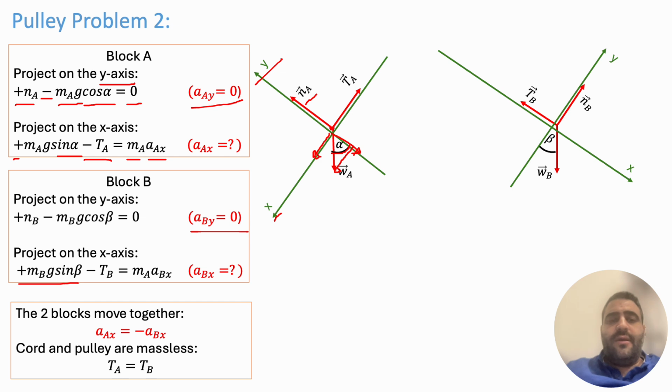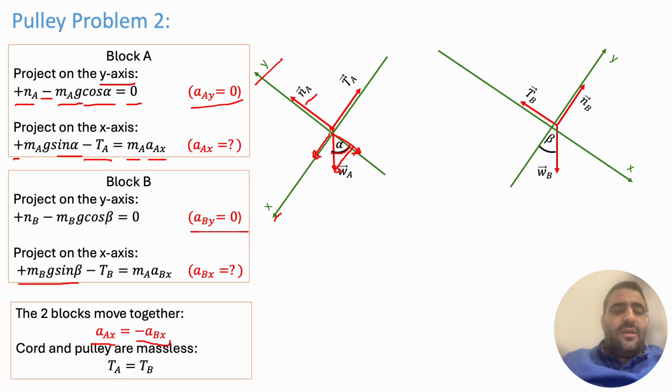Now I remember that the blocks are connected by a wire. So if one moves, the other is going to move with it. If A slides down, then B is going to be pulled up on the x-axis. So if we move in the positive x direction with A, we move in the negative x direction with B. So the acceleration of A on the x-axis is minus the acceleration of B on the x-axis. That's one more relation I have.